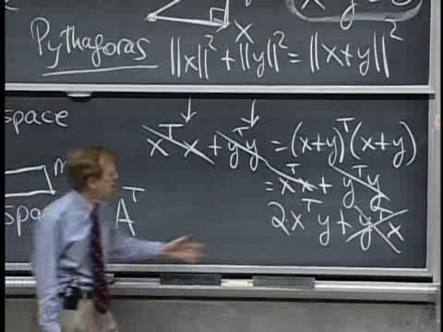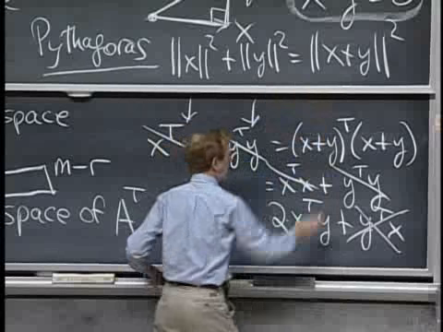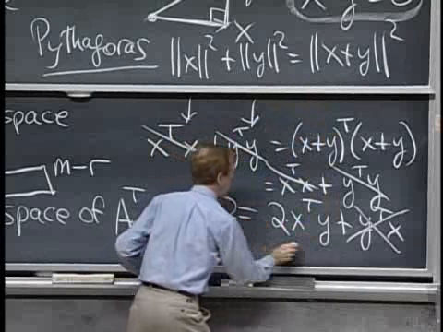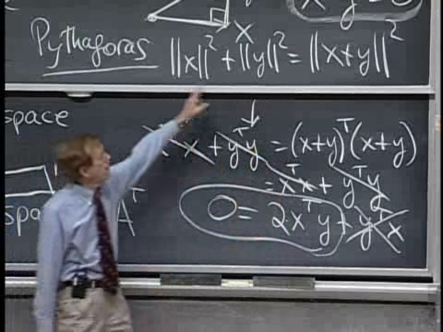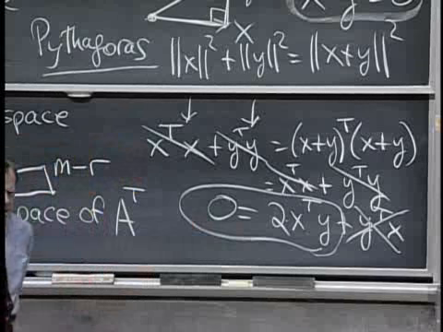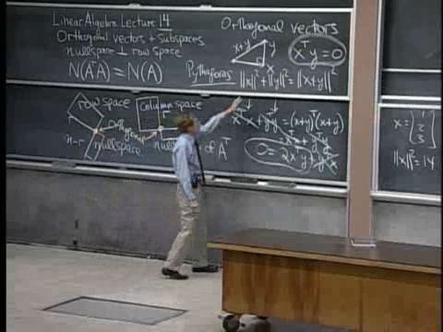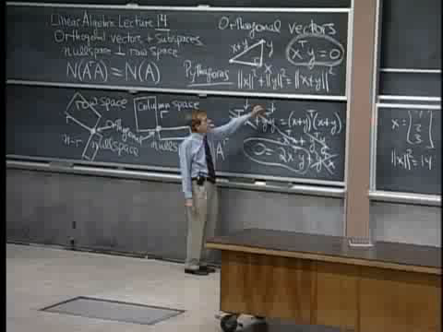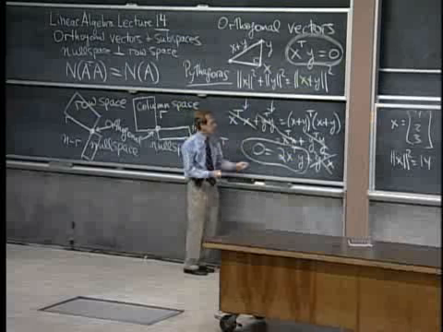So actually, this equation boiled down to this thing being 0, right? Everything else canceled, and this equation boiled down to that one. So that's really all I wanted. I just wanted to check that Pythagoras, for a right triangle, led me to this.